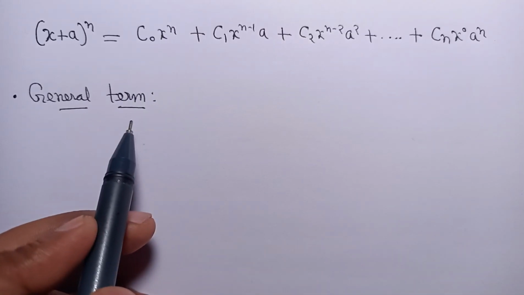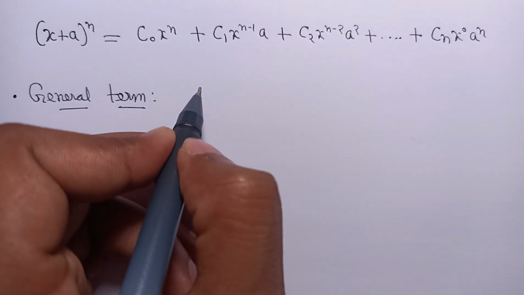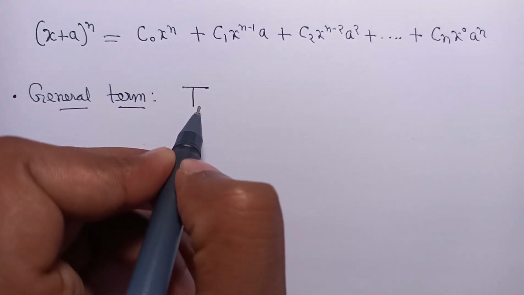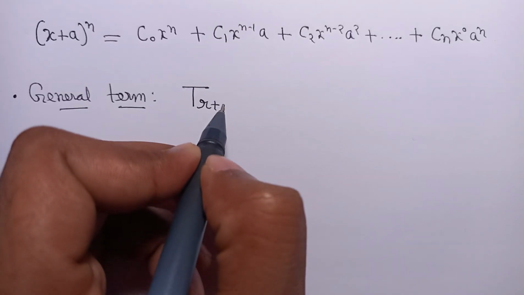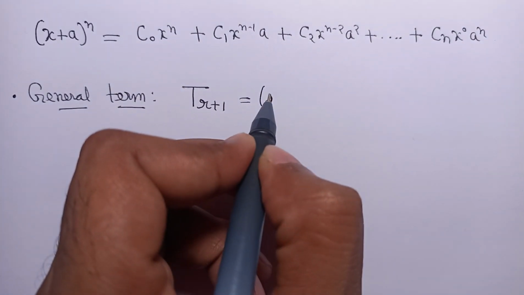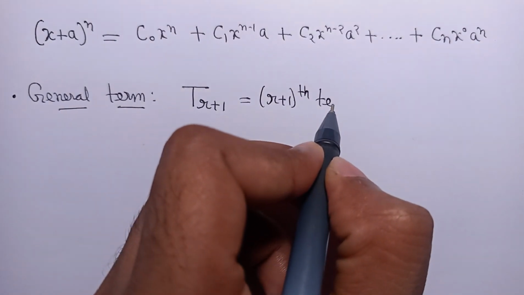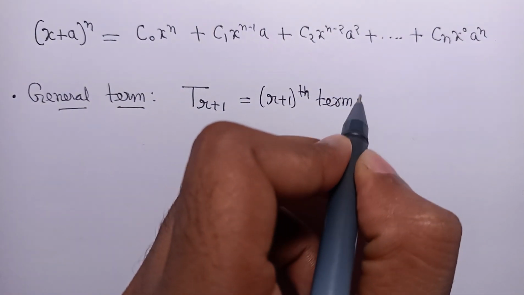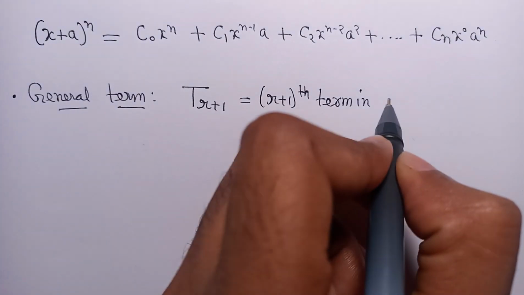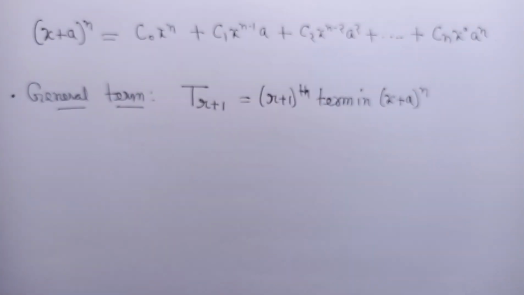There is a general formula for this. And general formula is like, if you directly need to find the t r plus 1th term, t r plus 1 represents the r plus 1th term in the expansion of x plus a whole power n.